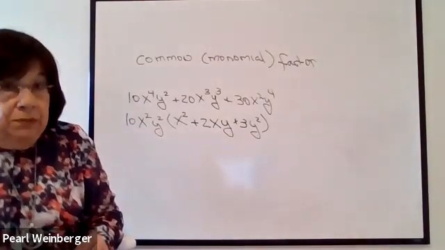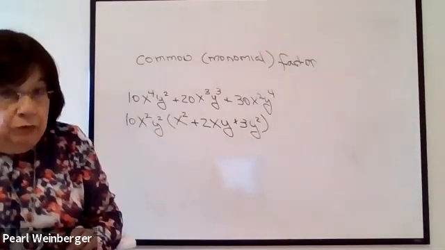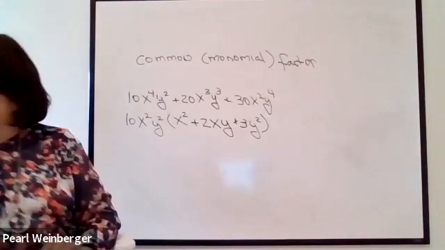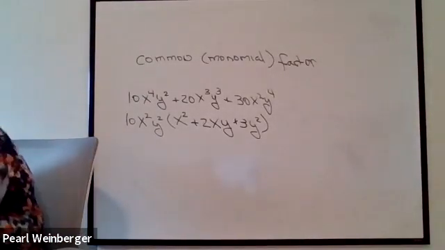Okay, now sometimes what we have is not just a common monomial factor, we could even have a common binomial factor. For example, I could have something that looks like this.